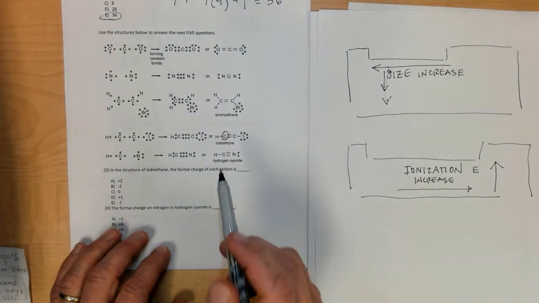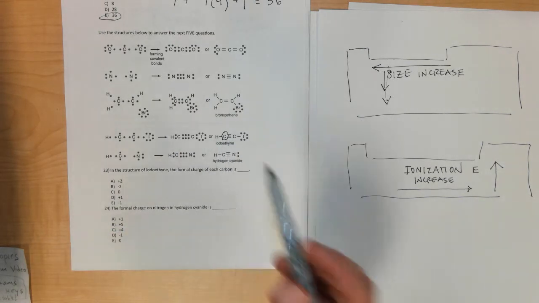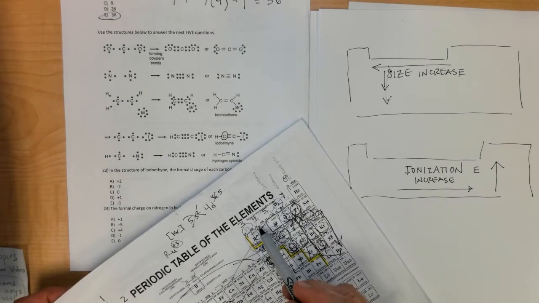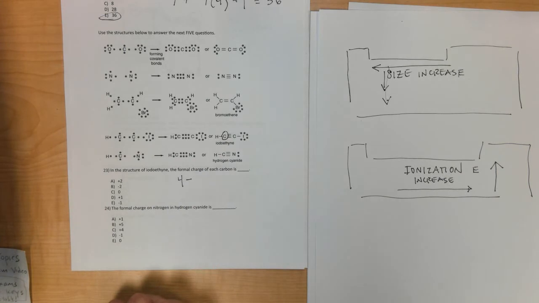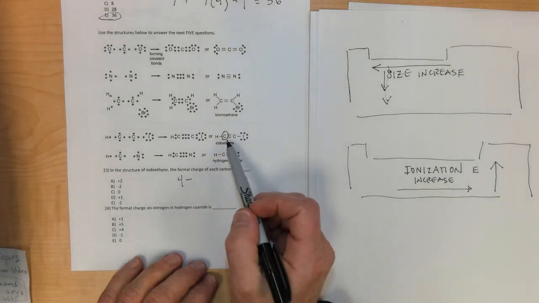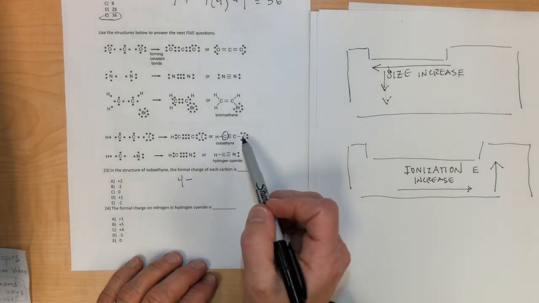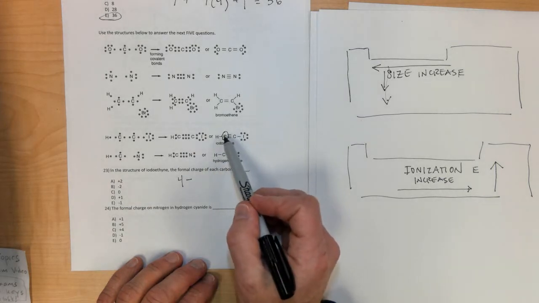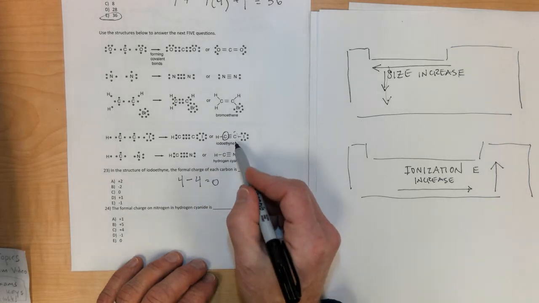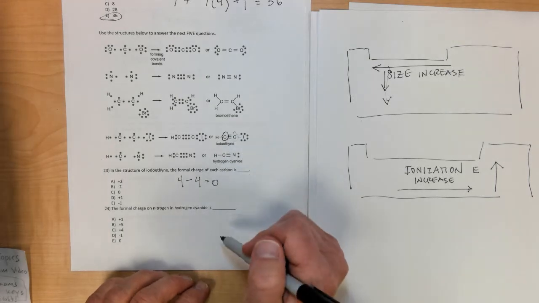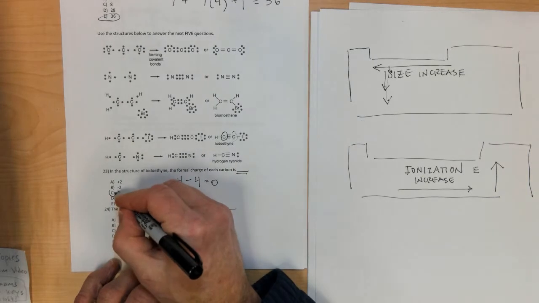And so you take the number of electrons assigned it on the periodic table, which is 4, because it's in group 14, minus the number of electrons assigned it on the Lewis dot structure, where if it's a bond, remember only 1 goes to one atom and 1 goes to the other. So 1, 2, 3, 4. 4 minus 4 is 0 for this carbon atom, and it will be the same on this carbon atom. So both carbon atoms have a formal charge of 0.